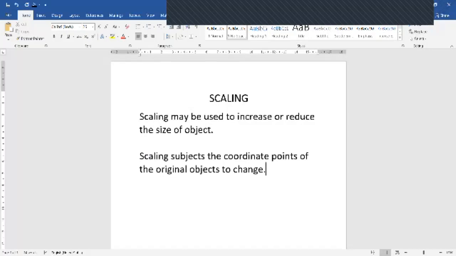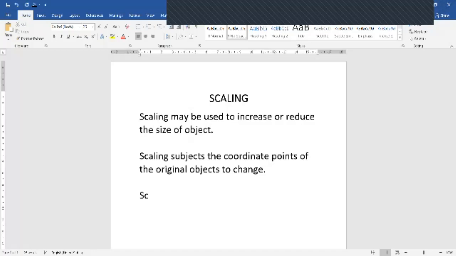That means the coordinate points of the original object change with the help of scaling. As the purpose of scaling is to increase or reduce the size of the object, whenever we talk about increasing or reducing the size, that automatically means the coordinate points of the original object which was given have to be changed.